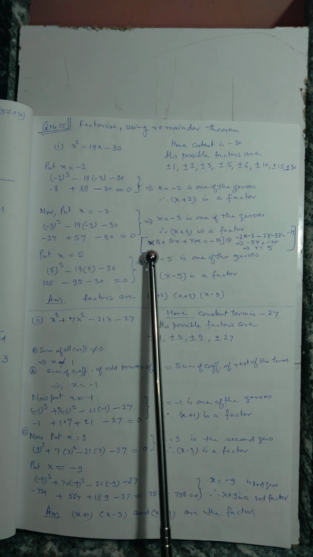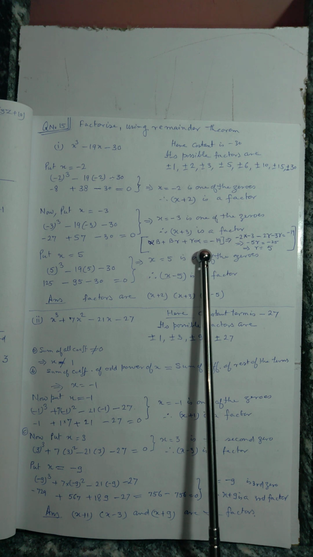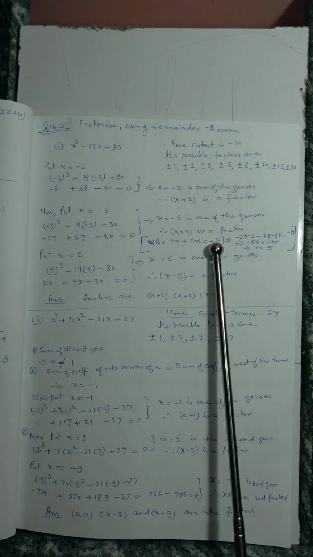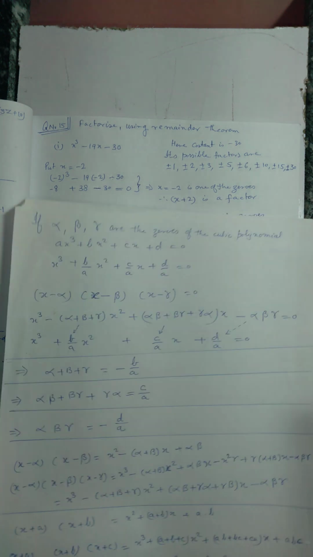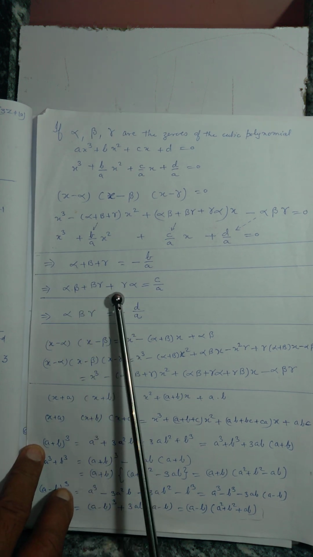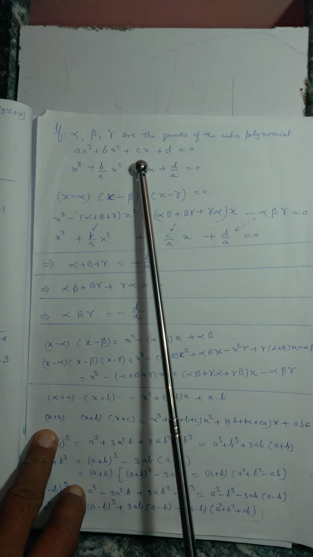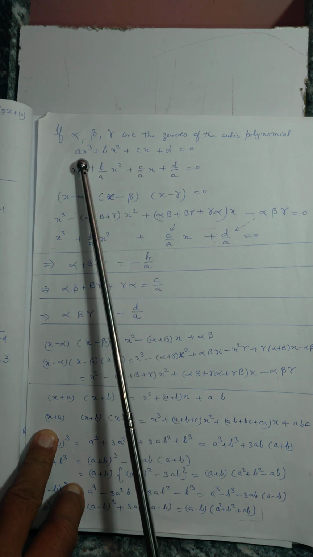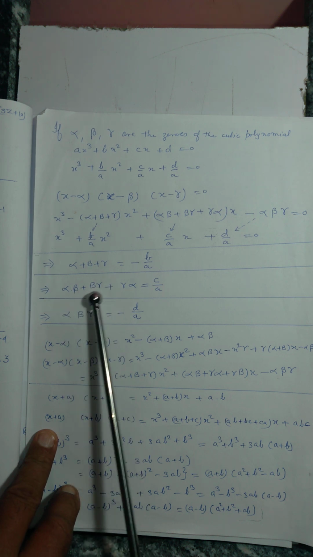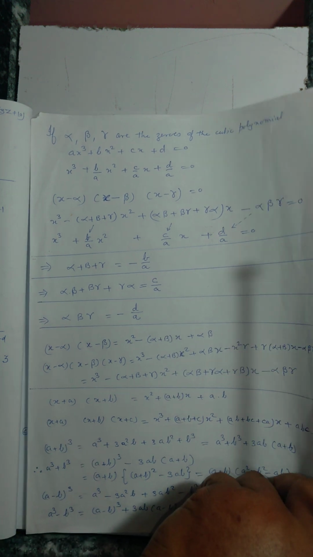So here alpha beta plus beta gamma plus gamma alpha is equal to minus 19. Yesterday I told you that alpha beta plus beta gamma plus gamma alpha is equal to C by A. What is C? C is the coefficient of x and A is the coefficient of x cube. This formula I am just telling you.